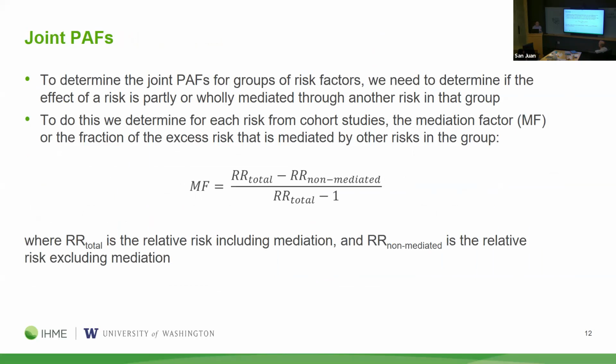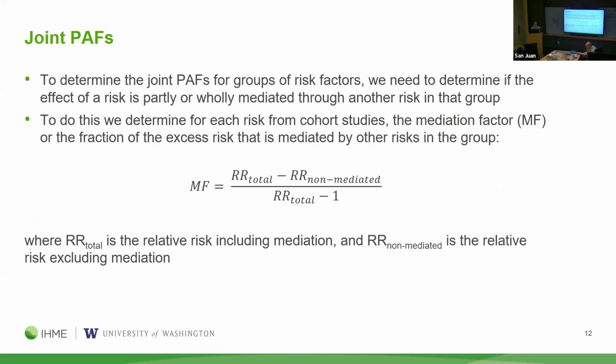Okay, so to determine the mediation factor, we look through cohort studies and publications to determine the fraction of the excess risk that is mediated by other risks. A typical way to do this is to estimate the relative risk not controlling for the risk through which it's mediated.